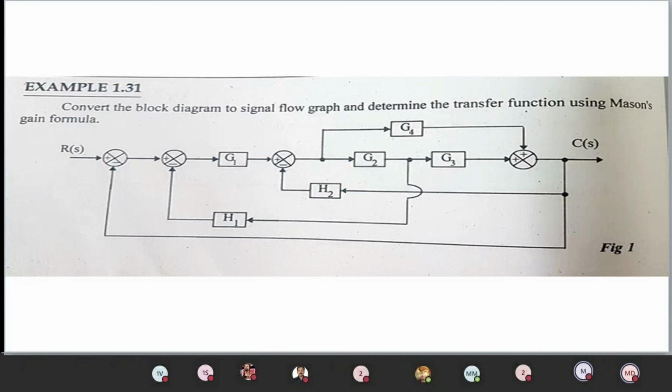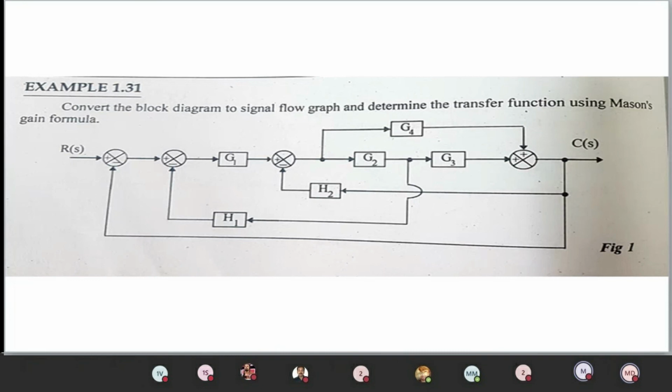Okay. Now let us convert. As I told you already, the first step in signal flow graph is you need to convert the input, output, the branch point, as well as summing point all into nodes.